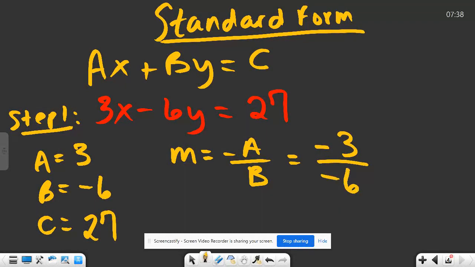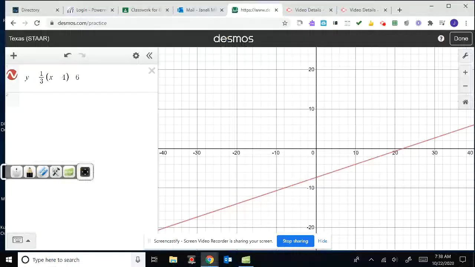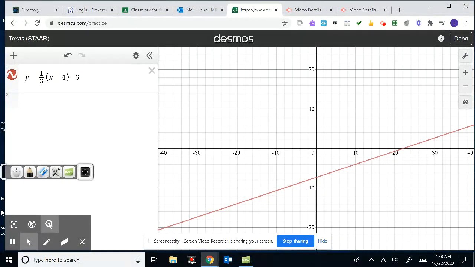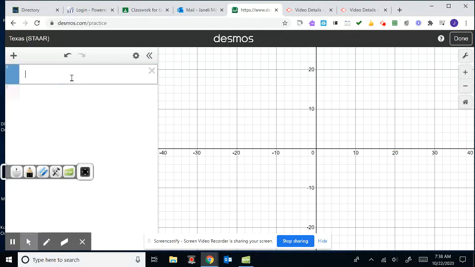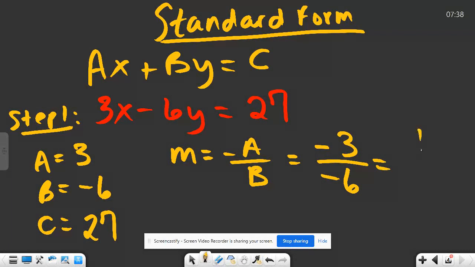Once I have this fraction, I'm going to type it into decimals to see if it simplifies. So I'm going to type -3 over -6, and it gives me a decimal. If you press this button, it's going to change it back to a fraction. So it did simplify it. So therefore my slope is 1/2. This is my slope.